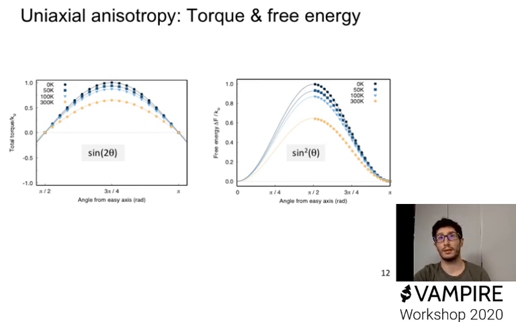And if we integrate this curve from 90 to 180 degrees, we can reconstruct the angular dependence of the free energy for different temperatures. Again, we can see we have this sine squared behavior. It decreases with temperature, and it's just half of the curve again.